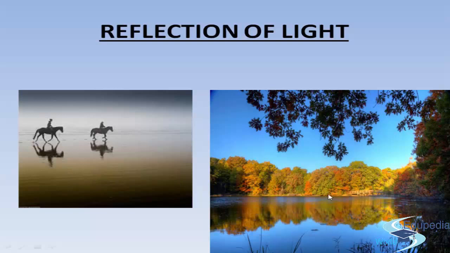This is a small lake, so we will be able to see the reflection of the trees which are just by the side of the lake. This reflection is also because of the laws of reflection. So the laws of reflection are maintained everywhere. Light will always follow the laws of reflection, whether it is a smooth surface, a very rough surface, or water.